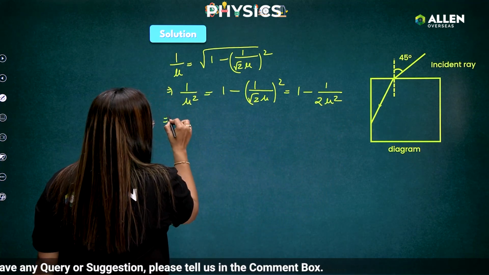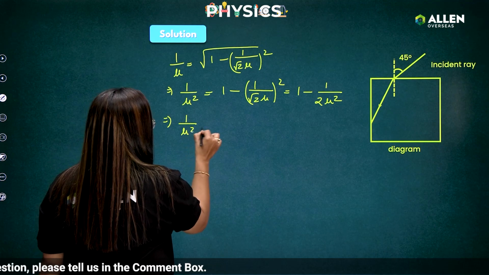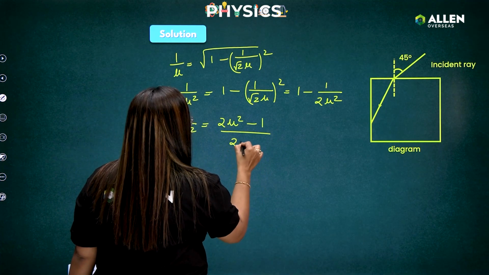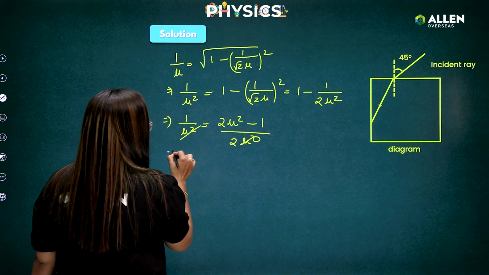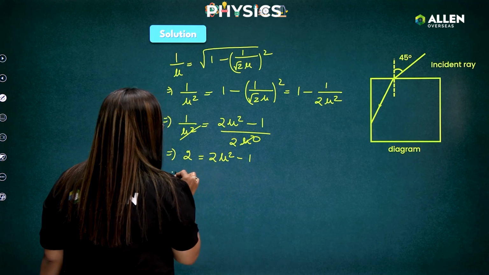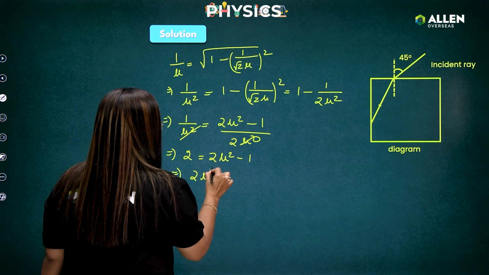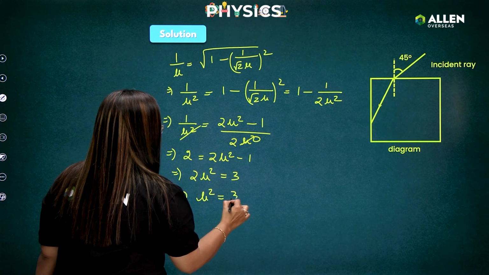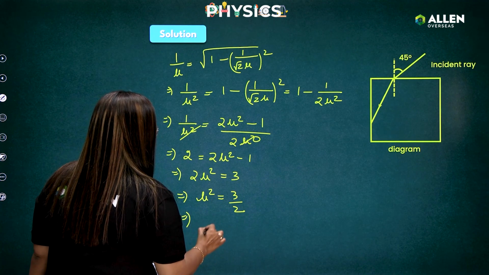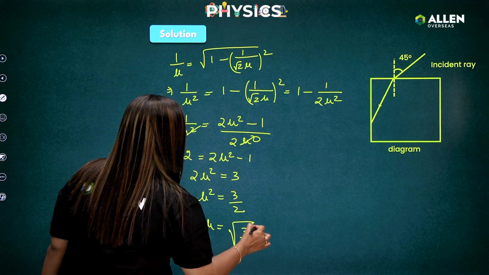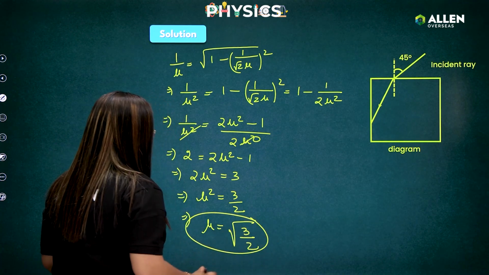On further simplification we get 1 by mu square is equal to 2 mu square minus 1 divided by 2 mu square, and we can write 2 is equal to 2 mu square minus 1, 2 mu square is equal to 3, mu square is equal to 3 by 2, and taking the square root from both the sides we get mu is equal to root 3 by 2.